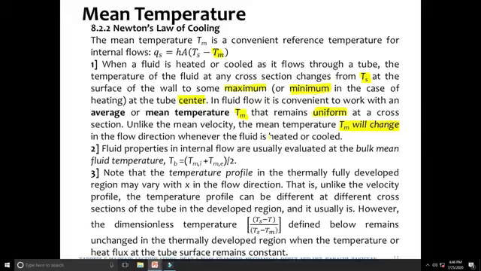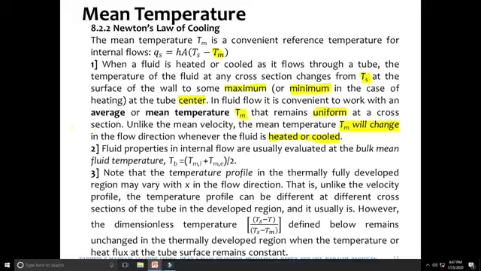So Tm will increase. However, if the fluid is at a higher temperature, if T infinity is greater than Ts, the energy will flow from the fluid into the surface, and as a result the fluid will get cooled along the flow direction. It means that Tm will decrease, it will decline.